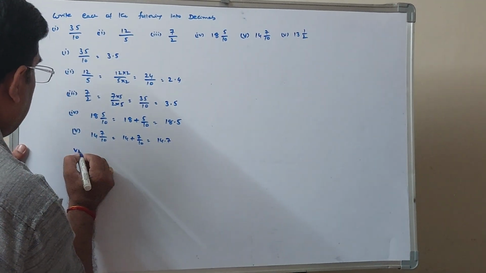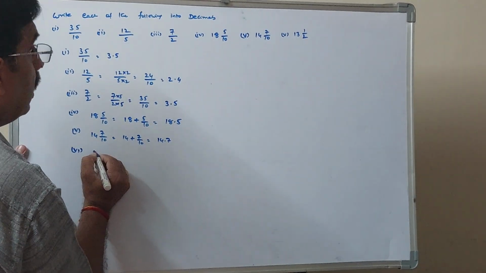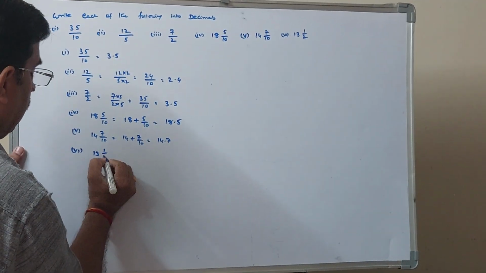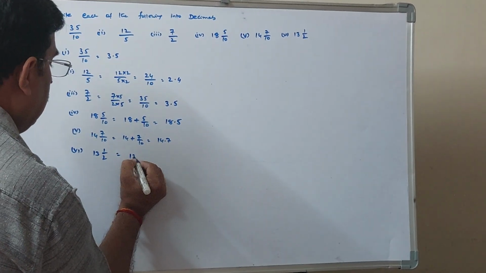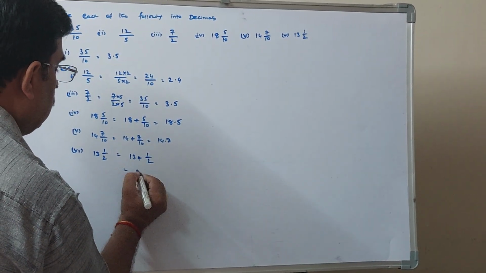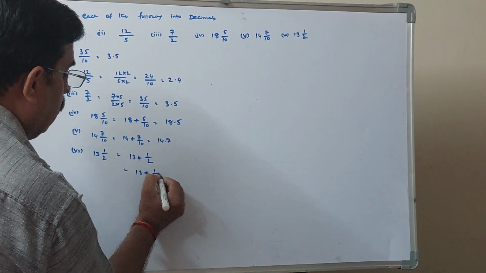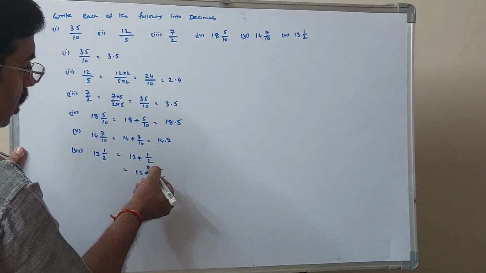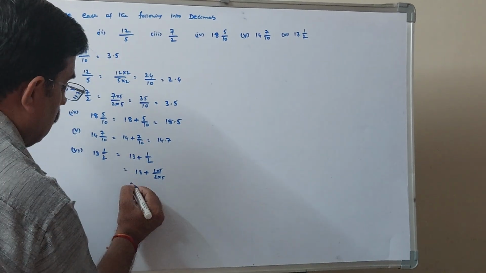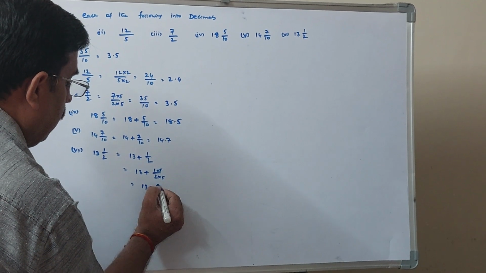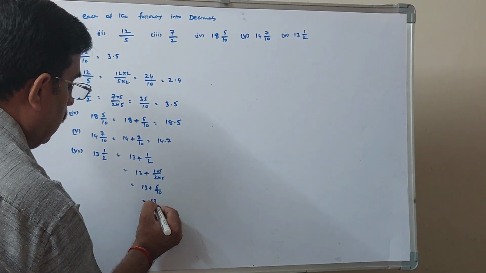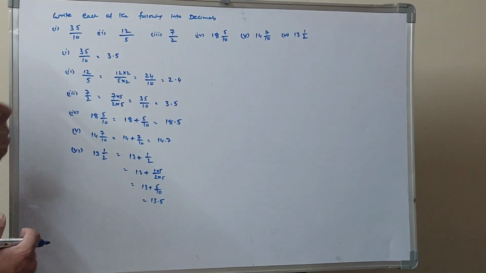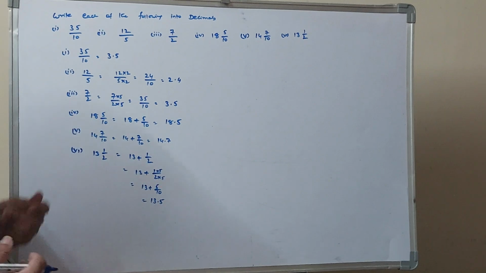Next, sixth one, 13 1 by 2, that is equal to 13 plus 1 by 2. I am multiplying with 5, because we don't have the denominator as 10, so converting into an equivalent fraction to get the denominator 10. So 13 plus 5 by 10, that is equal to 13.5. So this is the way of writing into decimals. If they are given as fractions, we can convert them into decimals.